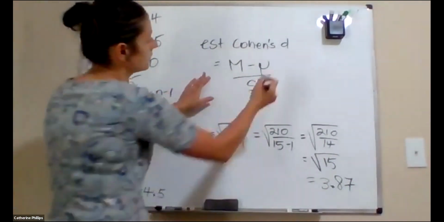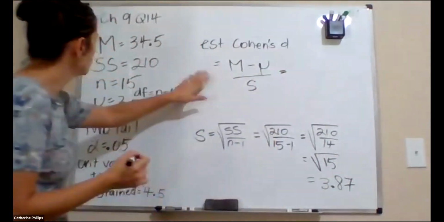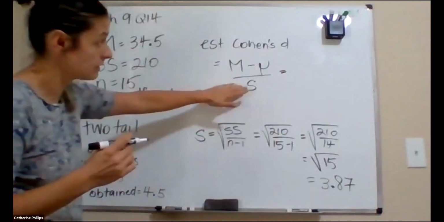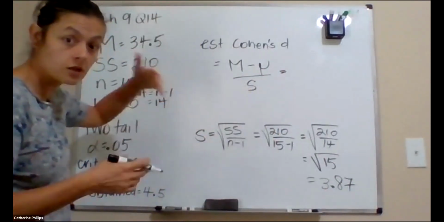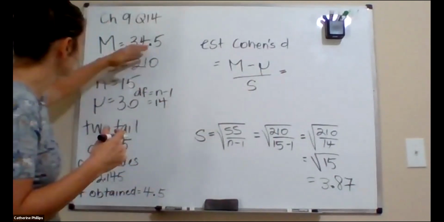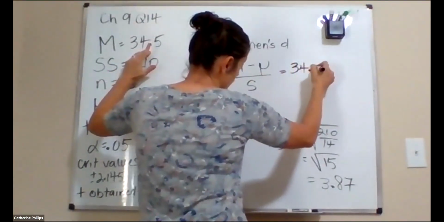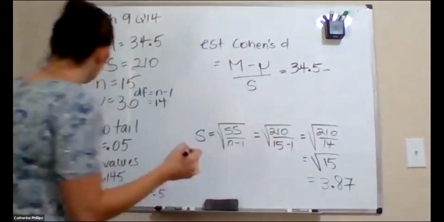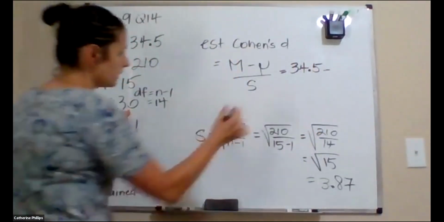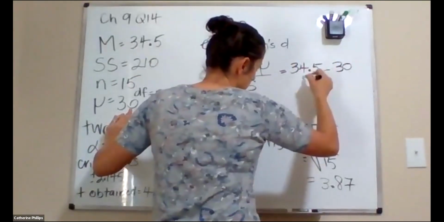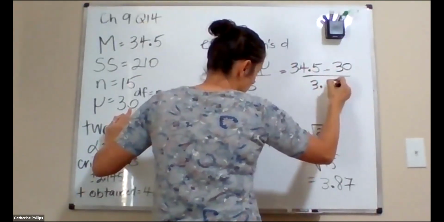So up here in the estimated Cohen's d, and it's estimated because we're using the sample standard deviation rather than the population value. We're going to take 34.5, subtract 30, divided by 3.87.